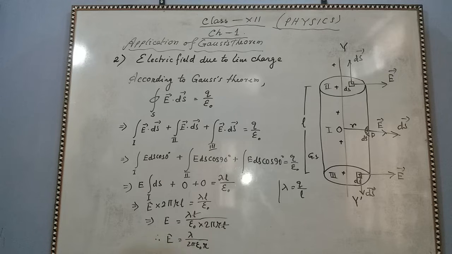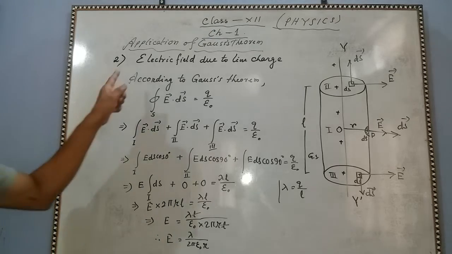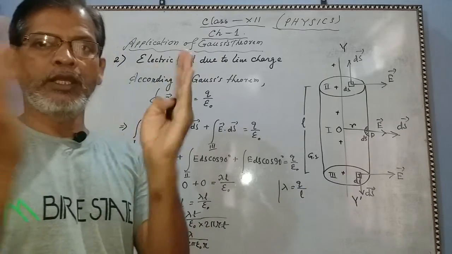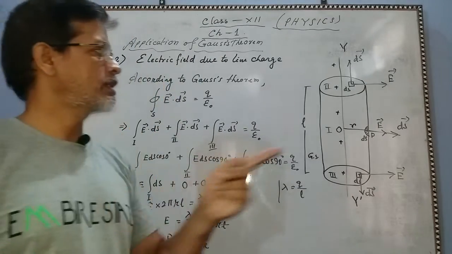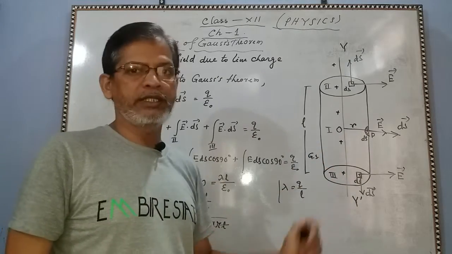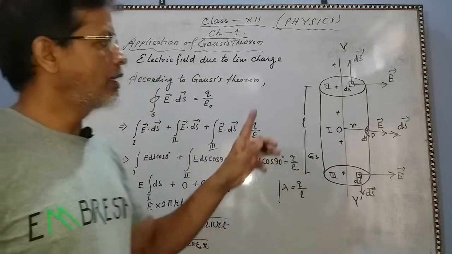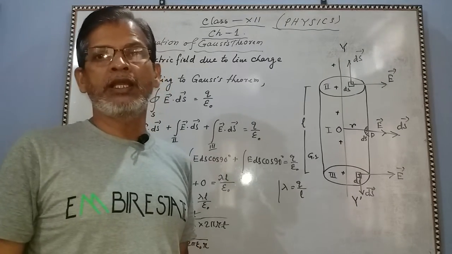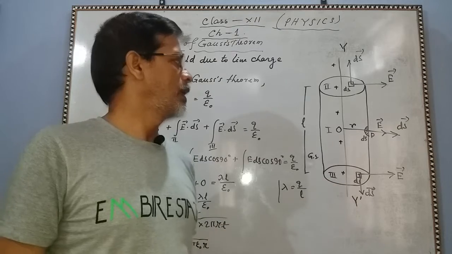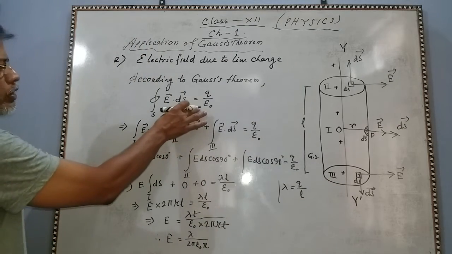It is 1 by 4 pi epsilon naught, 2 lambda by R. First we have taken a line charge, then a cylindrical Gaussian surface whose radius is R and whose axis is the line charge, and we have divided this cylindrical Gaussian surface into 3 parts, part 1, part 2, part 3, and then used Gauss theorem.